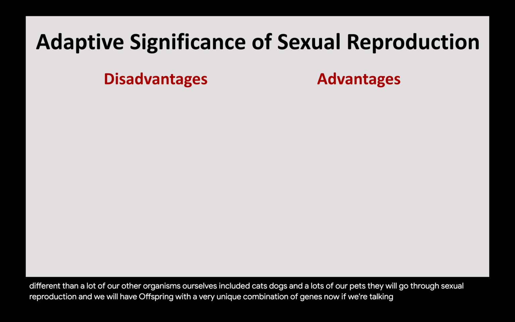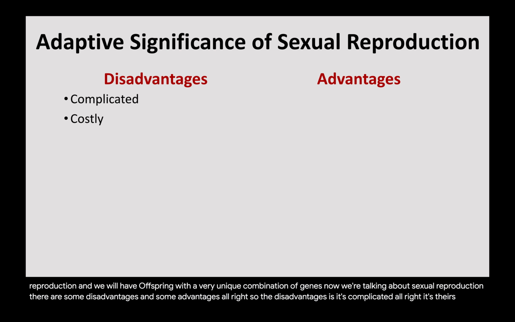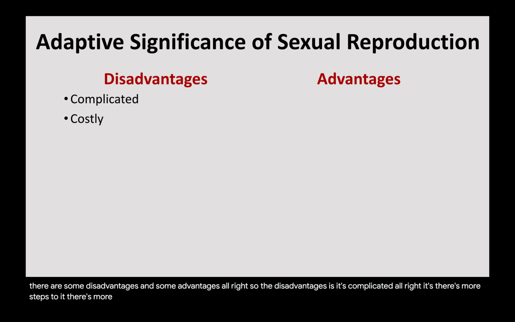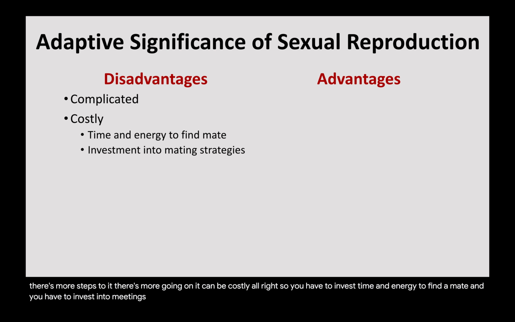Now, if we're talking about sexual reproduction, there are some disadvantages and some advantages. The disadvantages is it's complicated. There's more steps to it. There's more going on. It can be costly. You have to invest time and energy to find a mate, and you have to invest into mating strategies.